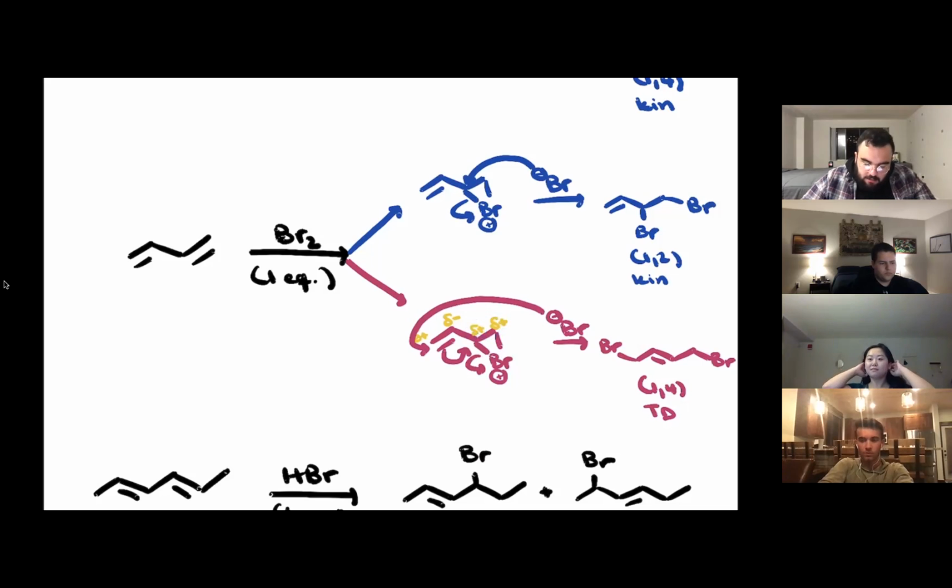So we have partial positive here, and partial negative, then partial positive. When we attack the partial positive, we end up moving this bond over here, and then we end up breaking the bromonium ion, which is how we end up getting our bromines adding at those two ends of the compound. Does that make sense? Yes, thank you. Cool.